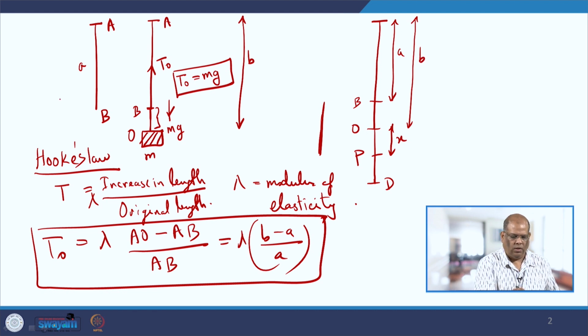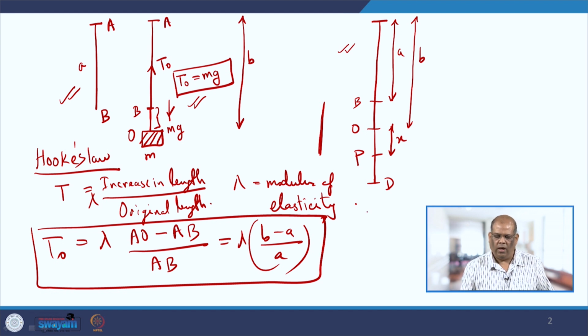So, this is the first one where we have only the natural length of the string. This is the second one where we have attached a mass m and we saw what is the tension in the equilibrium position, and this is the third one where you have pulled it till the point D and let it go and it is just oscillating.